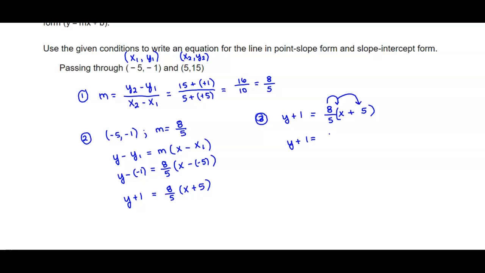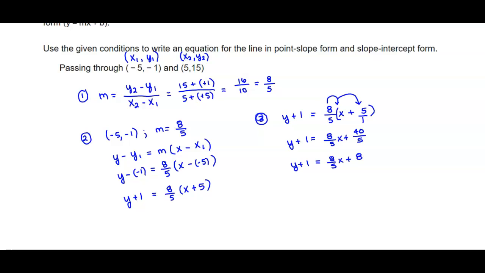So 8/5 times x is 8/5 x, plus 8/5 times 5 over 1. Well, 8 times 5 is 40, and 5 times 1 is 5. So we get y plus 1 equal to 8/5 x plus 40 divided by 5, which is 8.